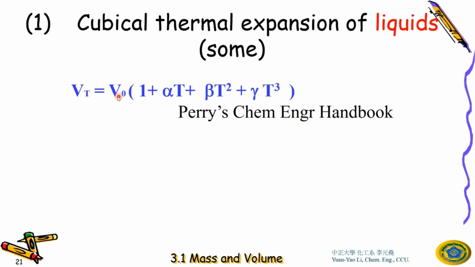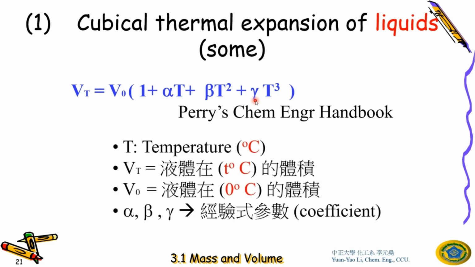You can get this equation in the chemical engineering handbook. Anyway, alpha, beta, gamma are parameters. They depend on the different materials you use. So this is what we call parameter or coefficient. For example, this is water, or this is mercury, or this is methanol.